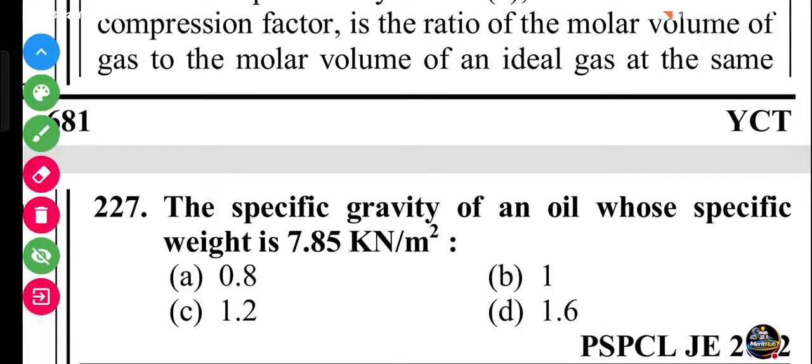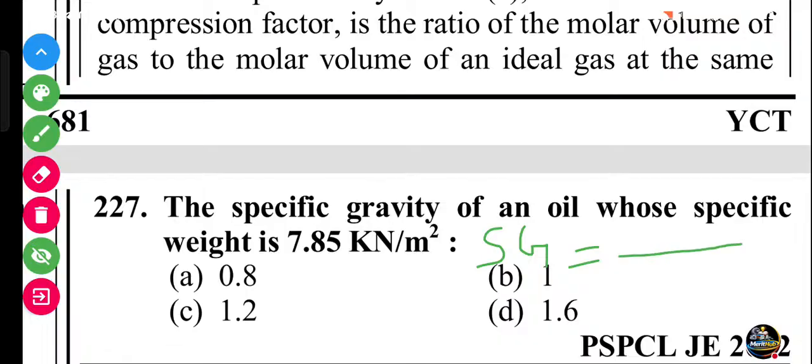Next question, friends. Question number 2 to 7. The specific gravity of the oil, whose specific weight is given as 7.85 kilonewton per meter cube. Now, specific gravity equals the density of the fluid by the density of the standard fluid, or the specific weight of the fluid by the specific weight of the standard fluid.